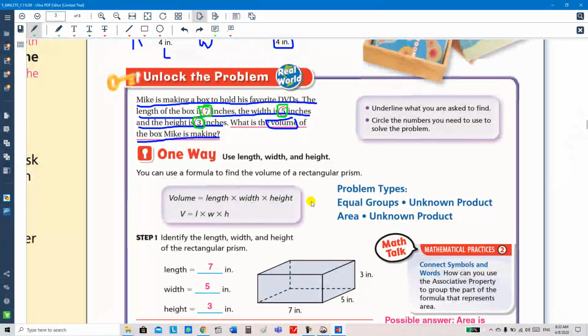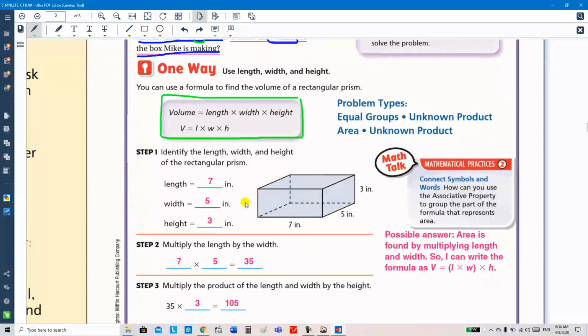Let's write the formula first. Apply the formula: length times width times height, because we have the 3 dimensions here. If we want to multiply the 3 dimensions by each other, we have length equals 7, width equals 5 inches, height equals 3 inches.